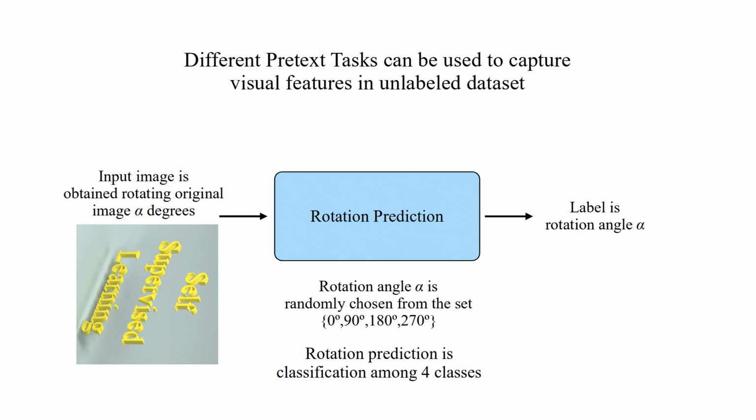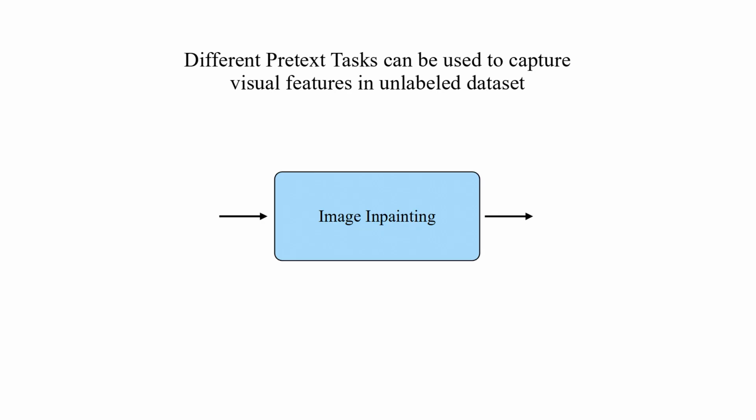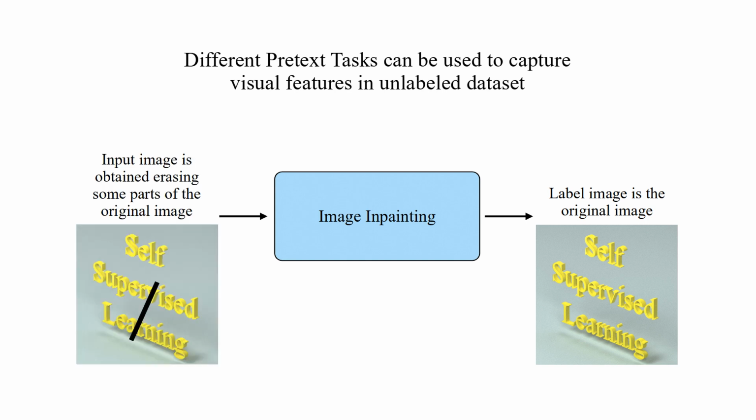So rotation prediction is classification among 4 classes. In image inpainting, label image is the original image. Input image is obtained erasing some parts of the original image.